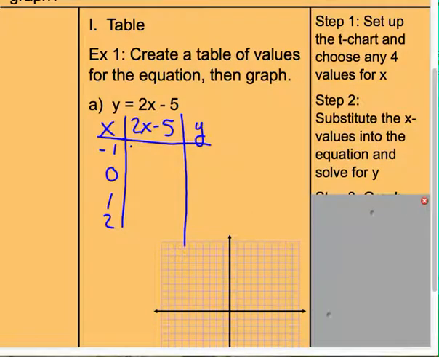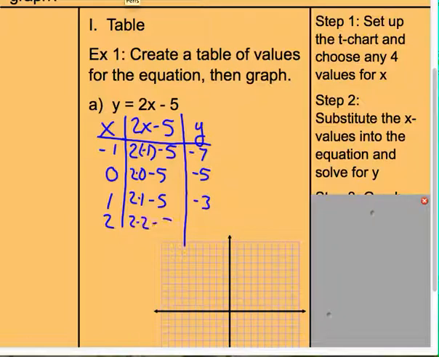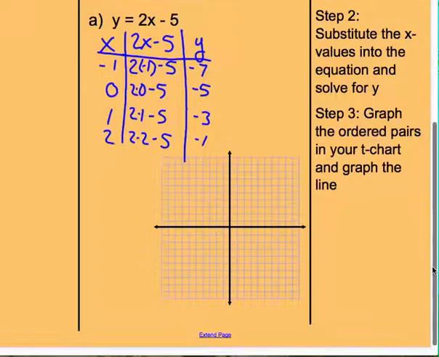Okay, so 2 times negative 1 minus 5. 2 times negative 1 is negative 2, minus 5 is negative 7. 2 times 0 is 0, minus 5 is negative 5. 2 times 1 is 2, minus 5 is negative 3. 2 times 2 is 4, minus 5 is negative 1. And then we use those values in our t-chart to plot our ordered pairs.